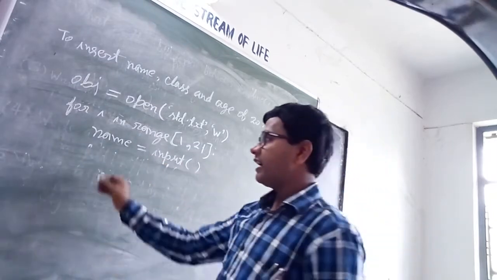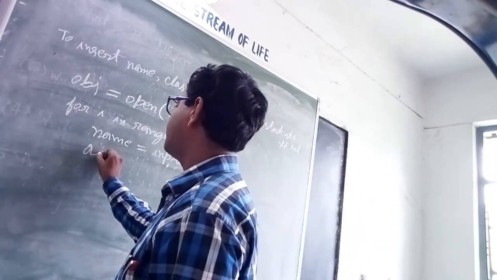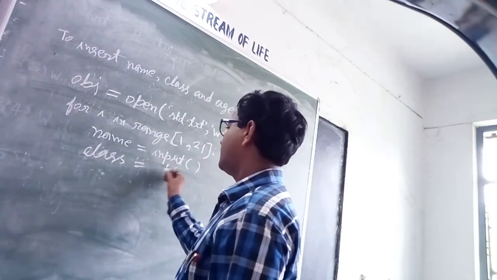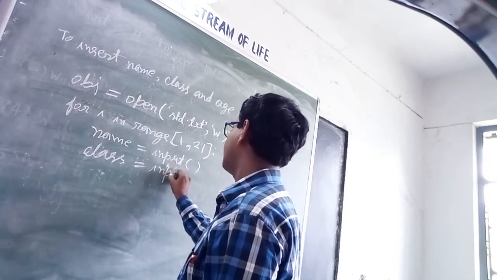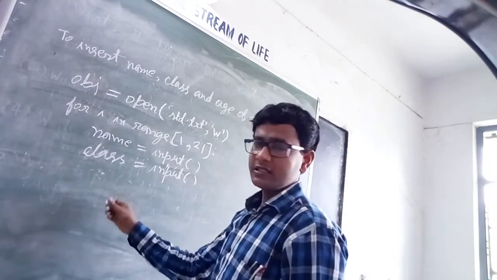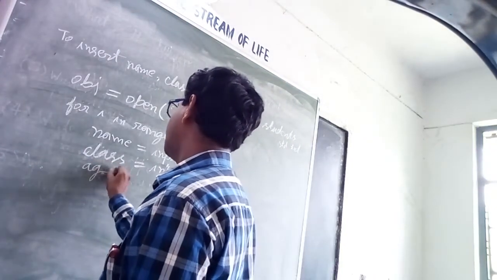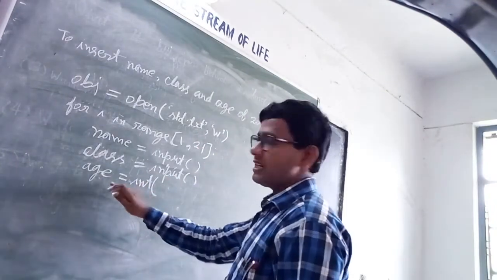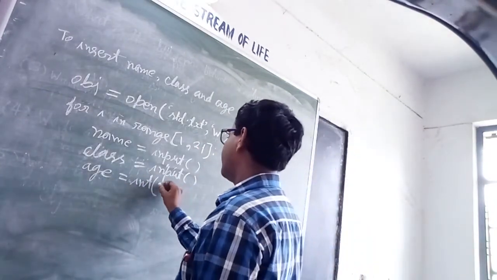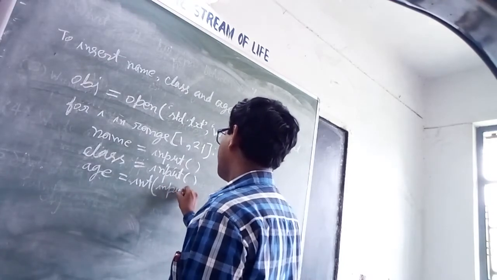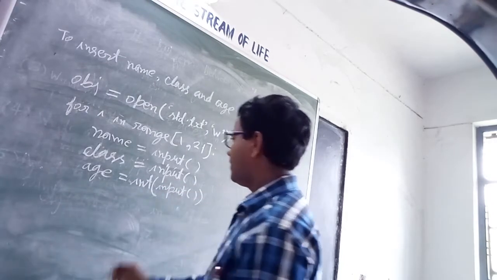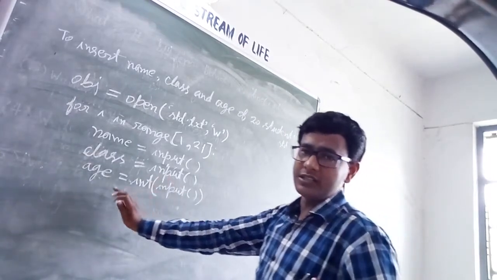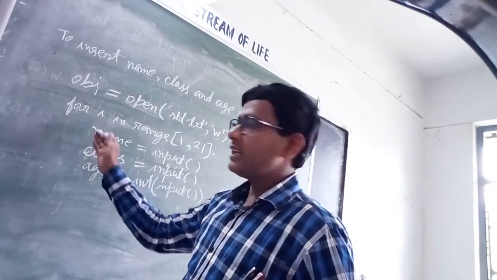Next variable, class, input. Next age, int input, since age is an integer value. We can use int for converting a string value into an integer value. Okay, we take entry of name, class and age.